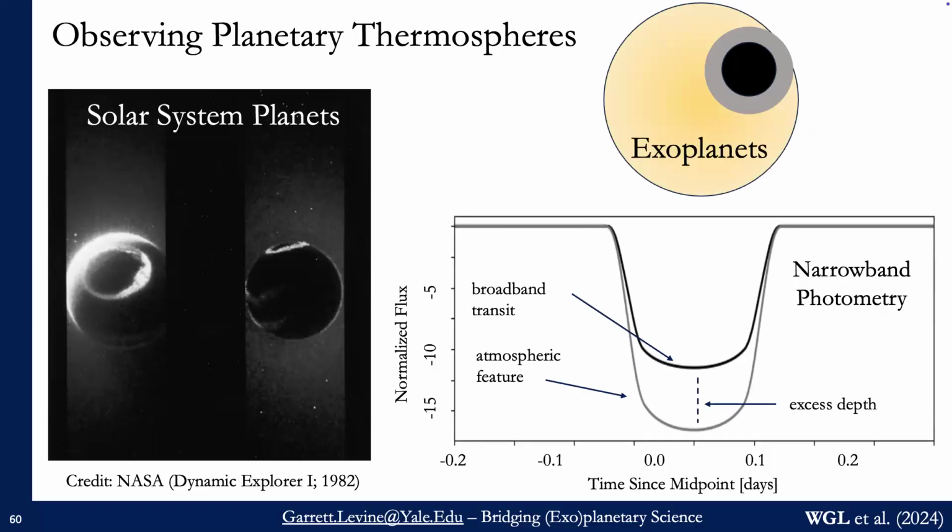We can compare the transit depth in that narrowband filter, where we detect the atmosphere, to the transit depth in broad bands, and use the excess depth to tell us about the physical extent of the atmosphere. If you like to think in transmission spectroscopy terms, this is just convolving the spectral feature across our bandpass. You can also think of transmission spectroscopy as getting a transit depth at every resolution element, but it's really one and the same.